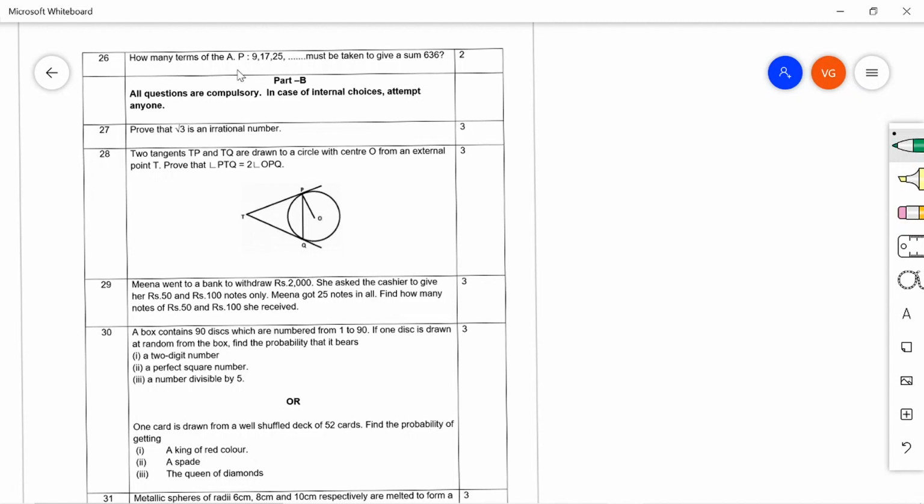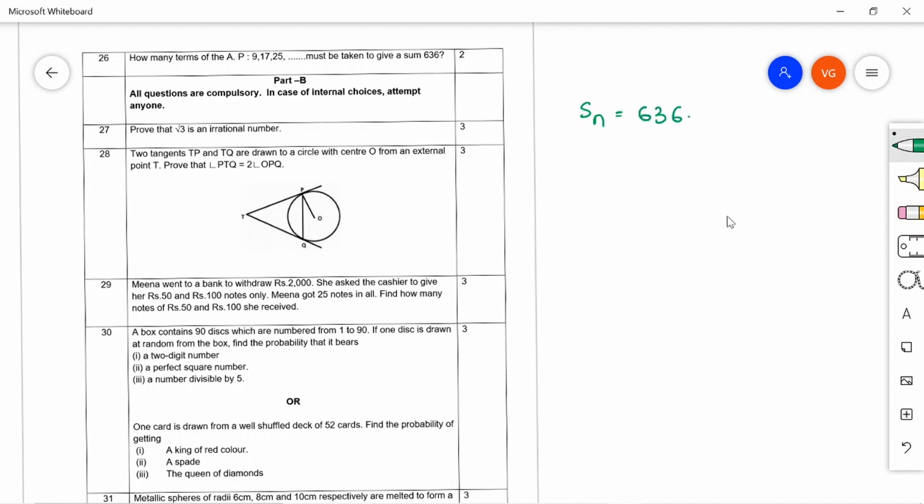How many terms of the AP 9, 17, 25 and so on must be taken to give a sum of 636? So this question is based on arithmetic progression. So you are given Sn, Sn is equal to 636.